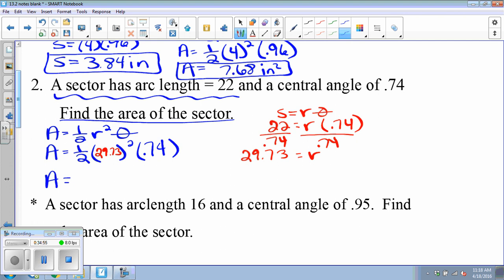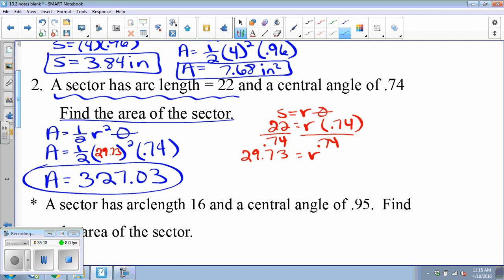So 0.5 times 29.73 squared times 0.74. And I don't know inches or centimeters or whatever, so I just have to leave it like that. Okay? Any questions on number 2?